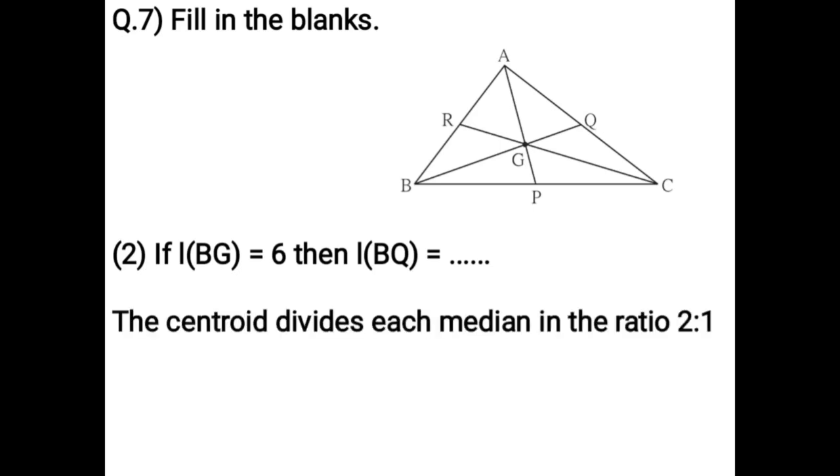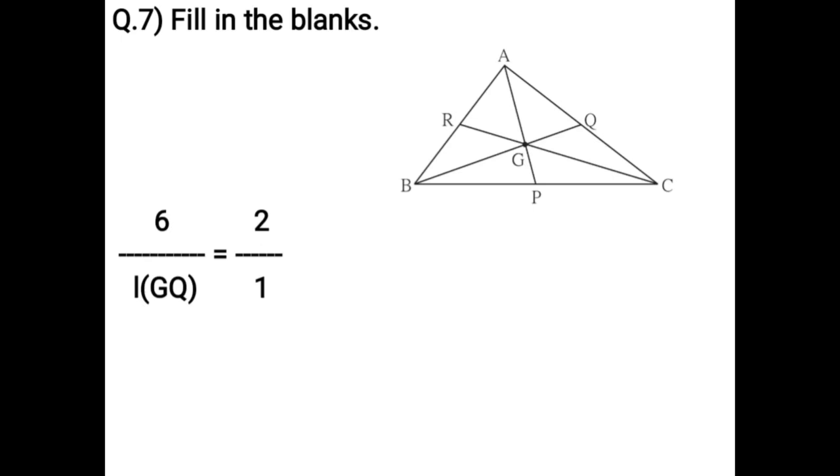The centroid divides each median in the ratio 2:1. Length of BG upon length of GQ is equal to 2/1. That is, length of BG is 6 upon length of GQ is equal to 2/1.